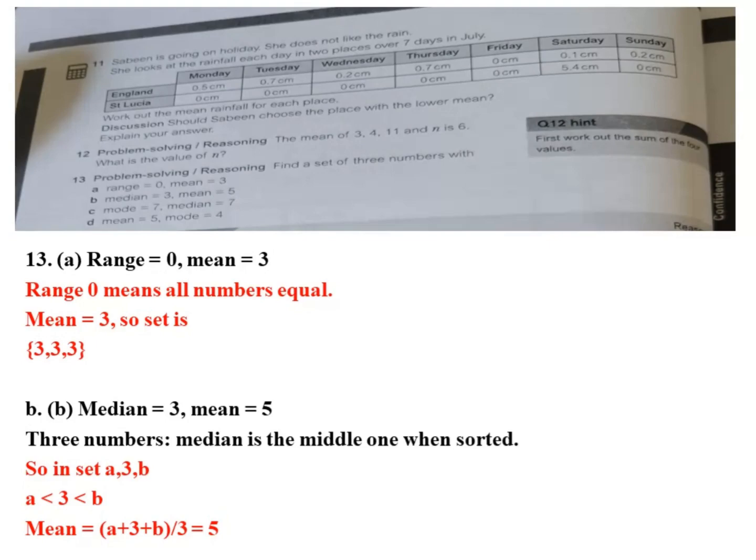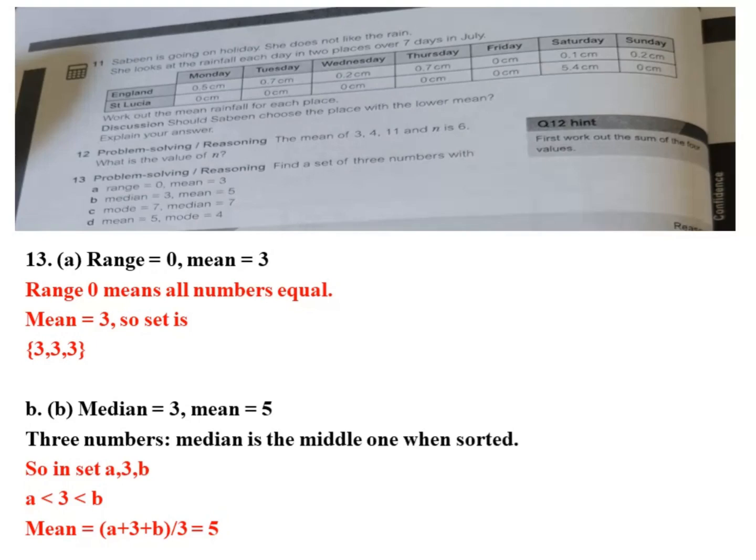Then we'll come to part B of question number 13. Find the three number sets if the median is 3 and the mean is 5. We know that to find the median, we need to sort the number set from smallest to largest.